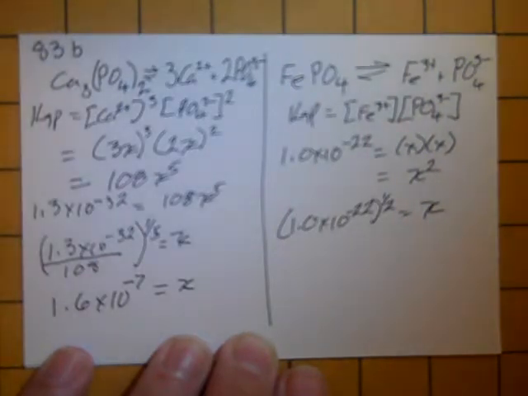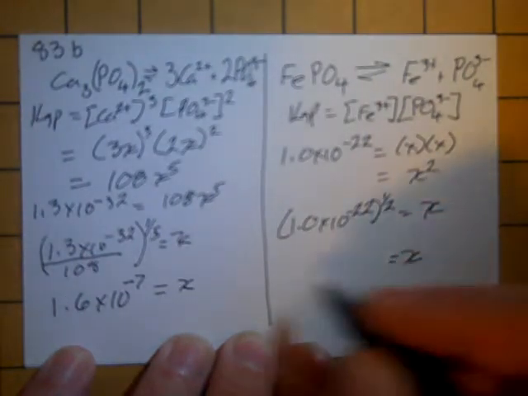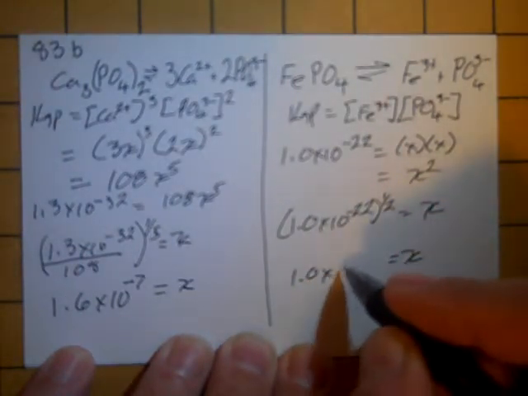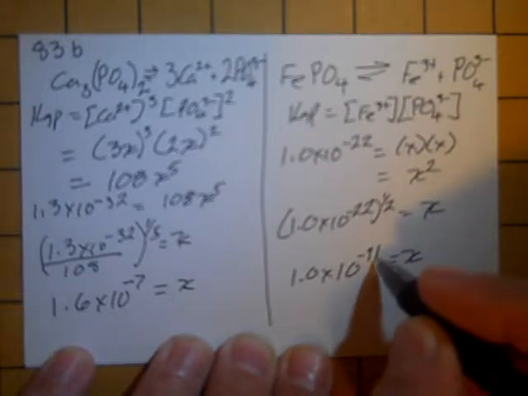So if I take the square root of the KSP, I find x, and I find that x equals 1 times 10 to the minus 11.